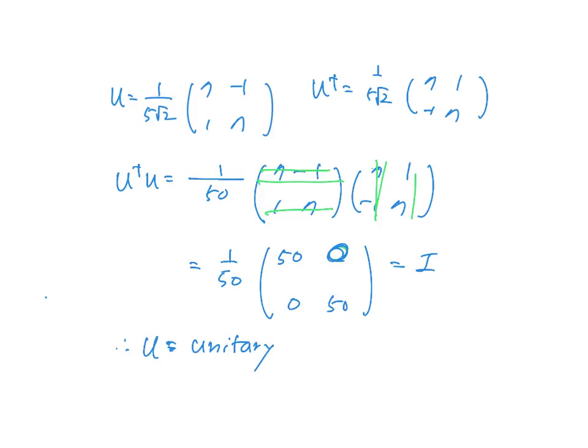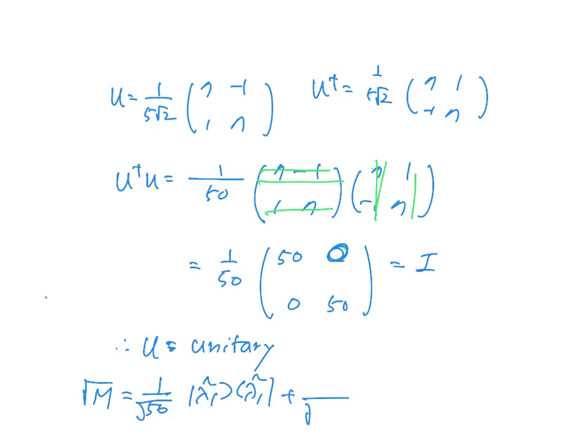And finally, you need to calculate M plus. So M was, and square root of M, 50, square root of 50, lambda 1 tilde, lambda 1 tilde, right?